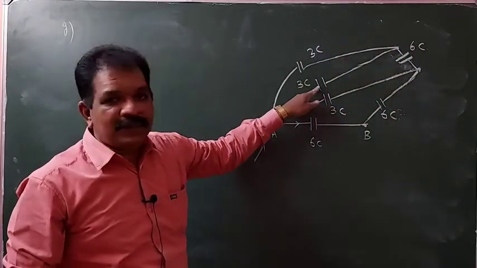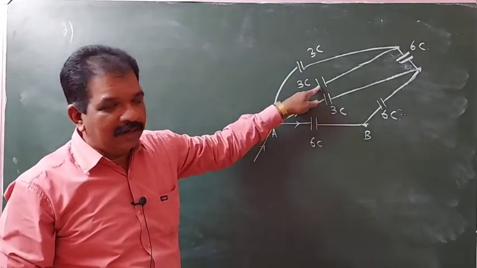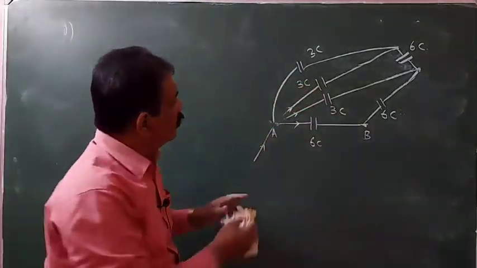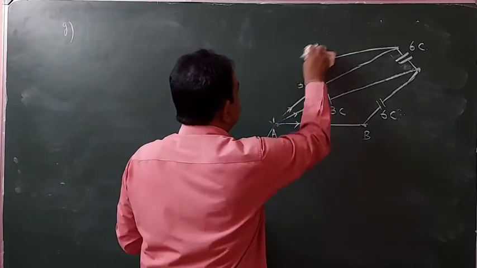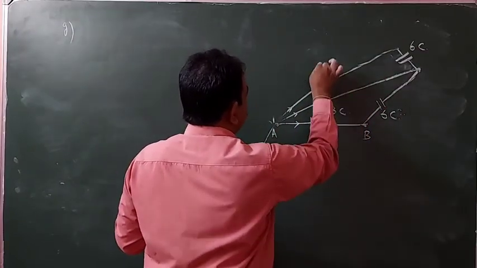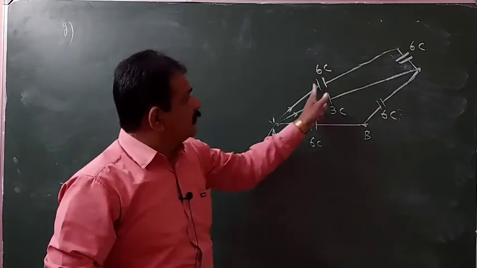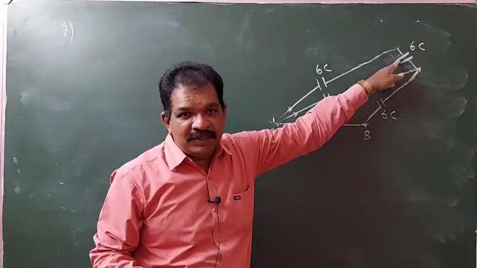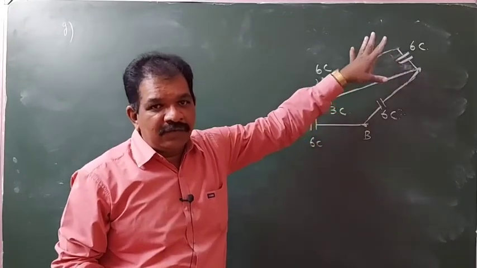This 3C again will be in parallel. Effective of these two will be 6C. Write one capacitor. Here you replace it as 6C. 6C again will be in series. Effective will be 3C.